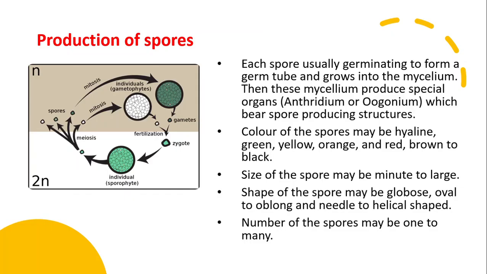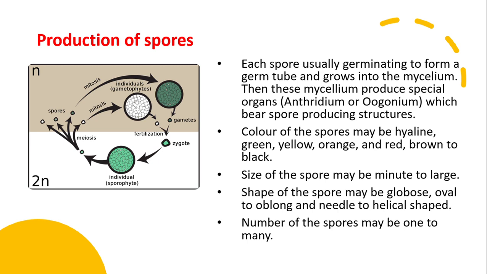How the production of spores takes place: each spore usually germinates to form a germ tube, and that germ tube grows into the mycelium. Then these mycelia produce special organs like antheridium, which are the male reproductive organs, and oogonium, which are female reproductive organs, which bear spore-producing structures.